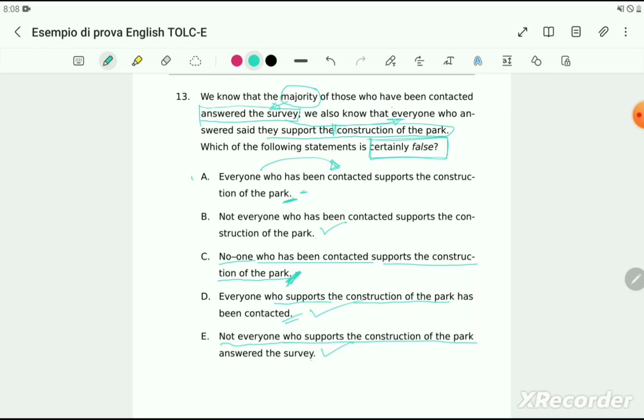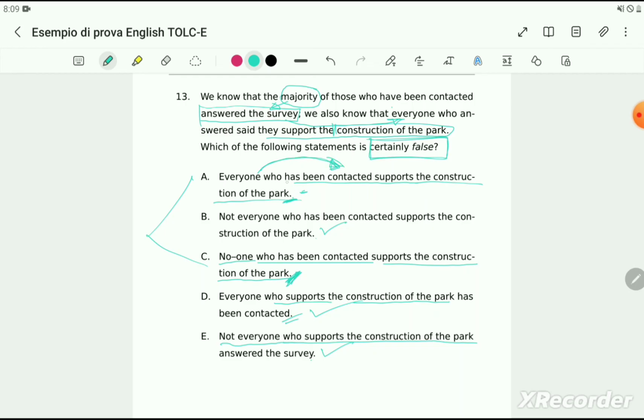But let's read out A and C again and then find out which one is right. Everyone who has been contacted supports the construction of the park. So we know that not everyone actually supported.